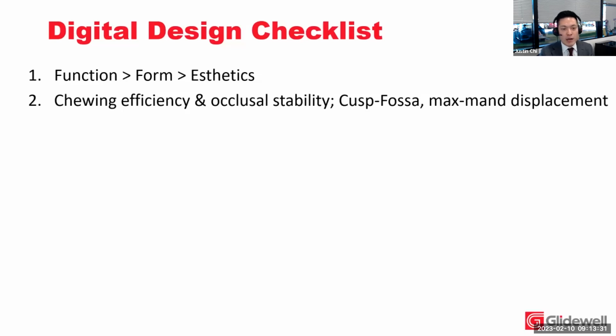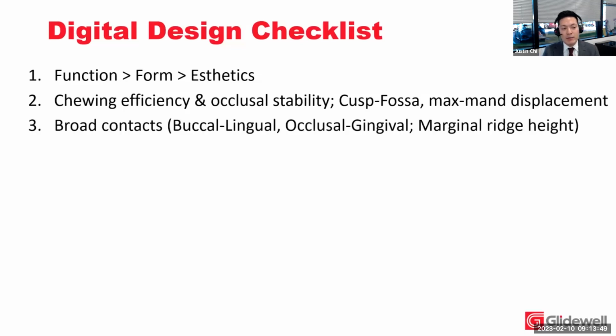Can we establish an optimal cusp-fossa relationship and that maxillary mandibular displacement? So trying to avoid an edge-to-edge. If it is a crossbite situation, just establishing the right positions of those functional areas.